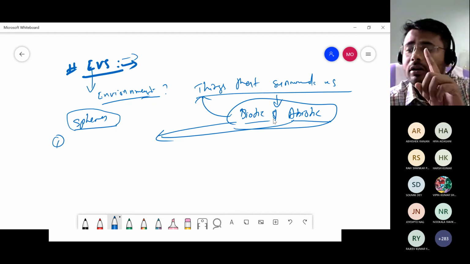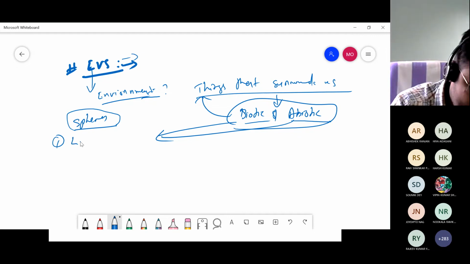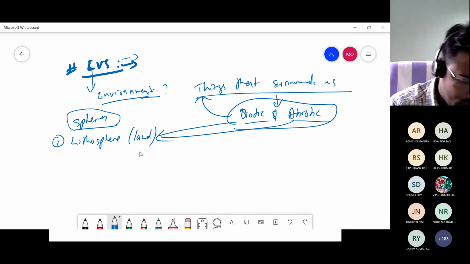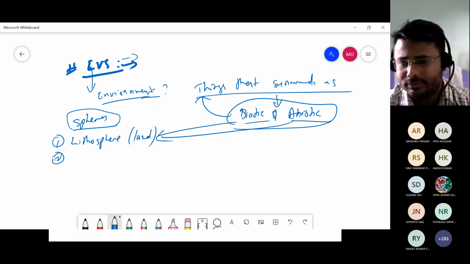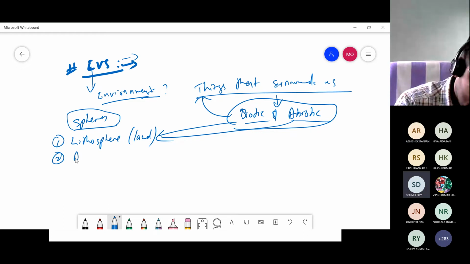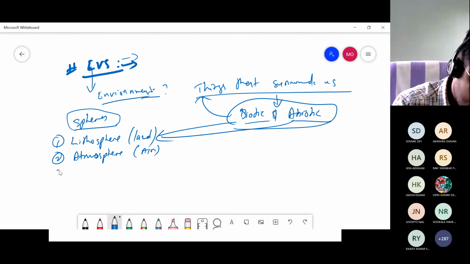So first of all, the lithosphere, that means the land, was created, followed by the atmosphere. The air got evolved.